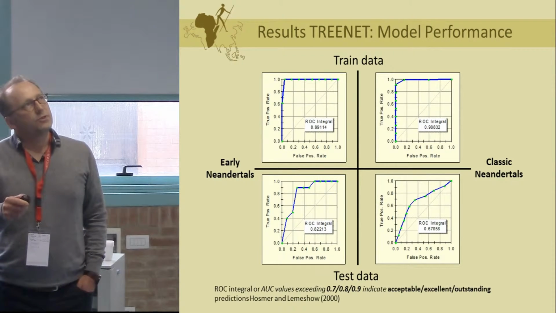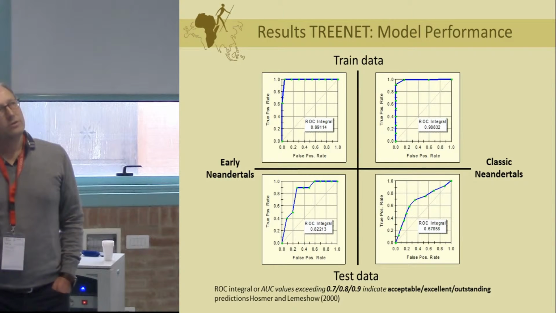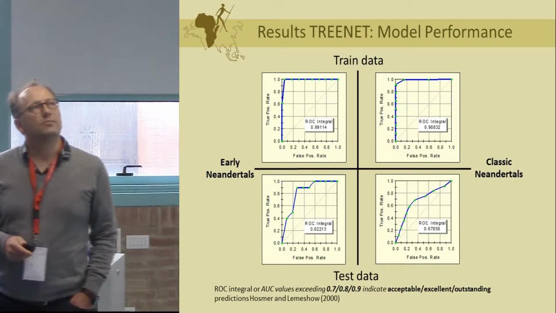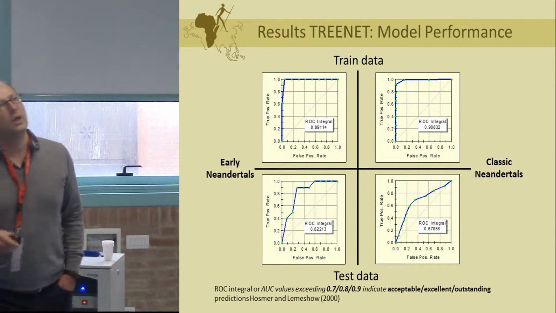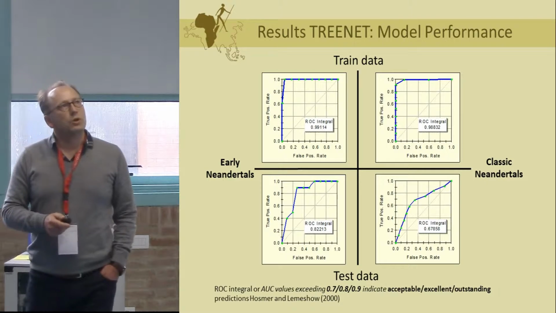So in the upper part, we have the train data with 0.99, so it's outstanding for both early Neanderthals and classic Neanderthals. But also the test data is quite good, especially for the early Neanderthals, we have 0.8, and for the classic Neanderthals, 0.67. So acceptable as a model performance.